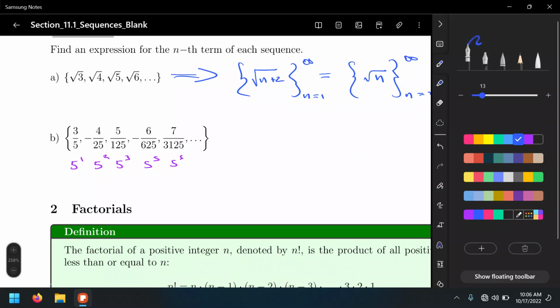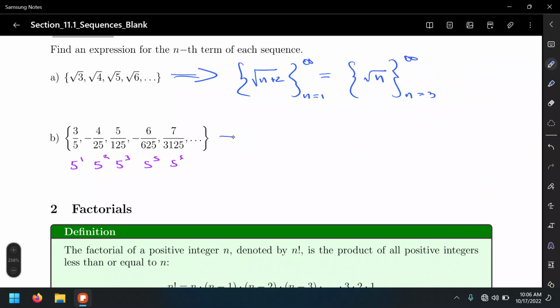So let's see if we can write a sequence term. For sure, I'm going to leave a space for the alternating factor here. Of course, we have a 5 to the n, and that's going to start at n equals 1 and go all the way to infinity.